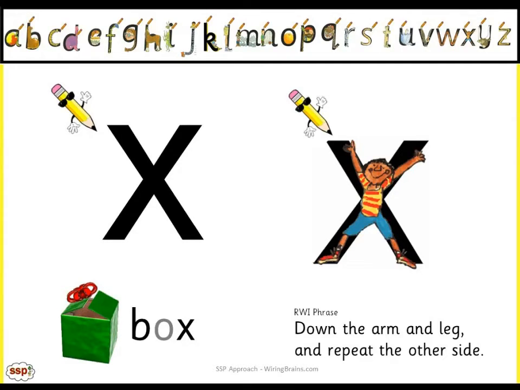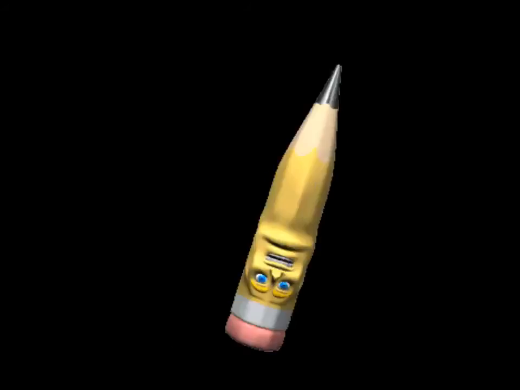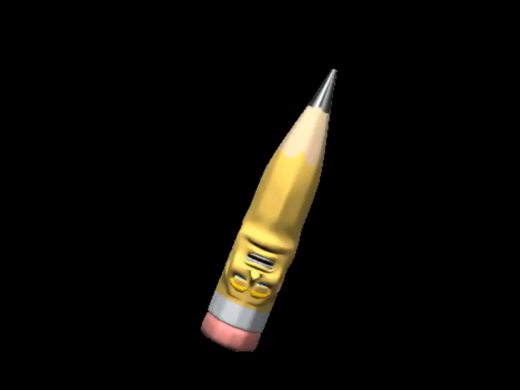Box. Down the arm and leg and repeat the other side. Rub it off, rub it off.